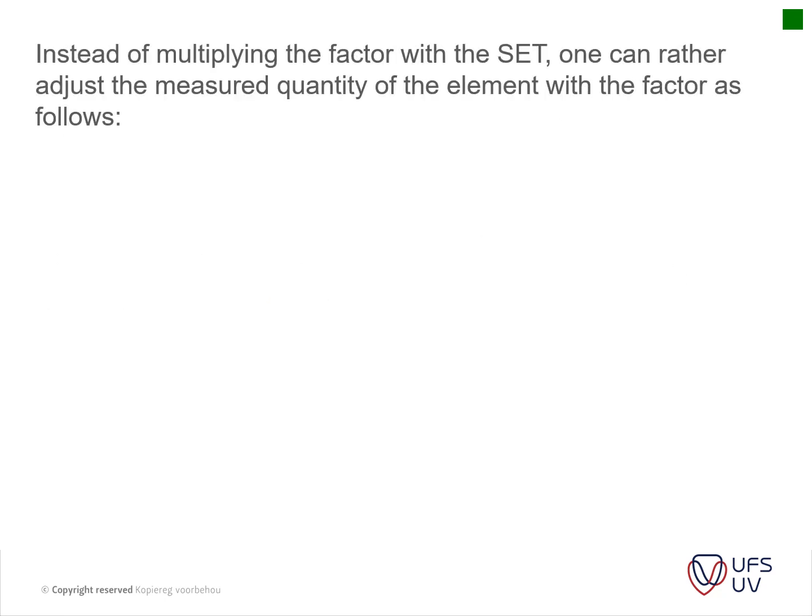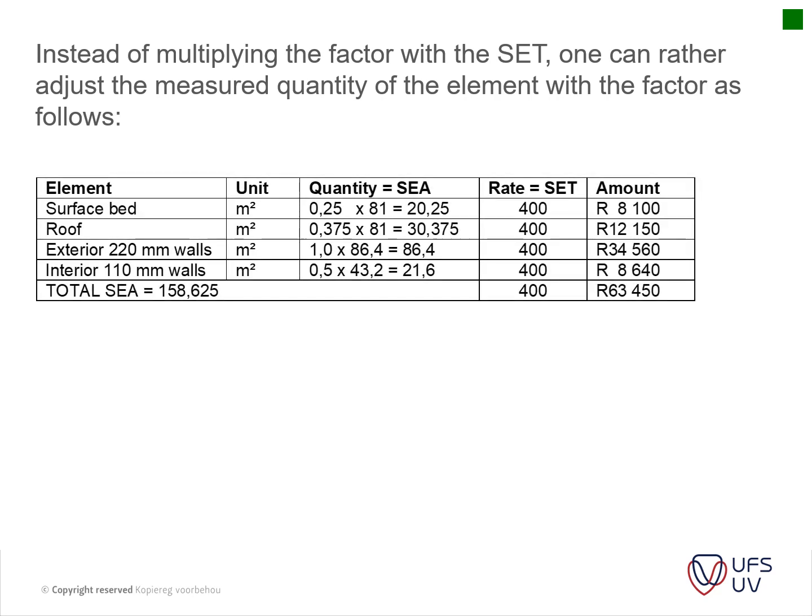Thus, instead of multiplying the factor with the tariff, one can rather adjust the measured quantity of the element with the factor as follows. It's the same table again. We've got our areas that we worked out in our first example, and we've got our factors.